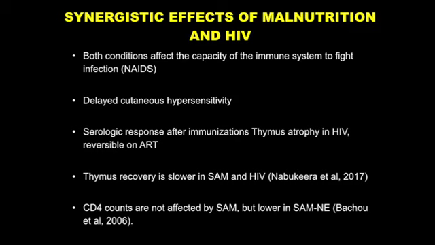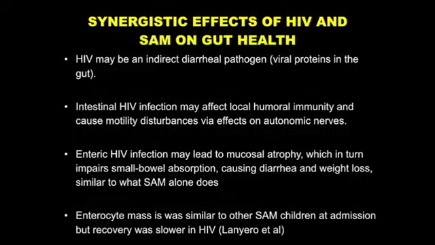So generally their immunity recovers more slowly. And when it comes to the gut, our study also found that the HIV-infected children recovered more slowly, in terms of enterocyte mass and inflammation and all those things. So when the children have both, they are more likely to have bigger problems.